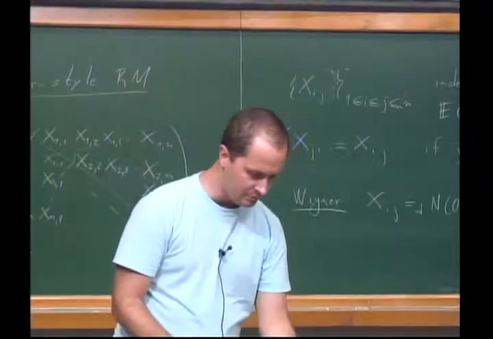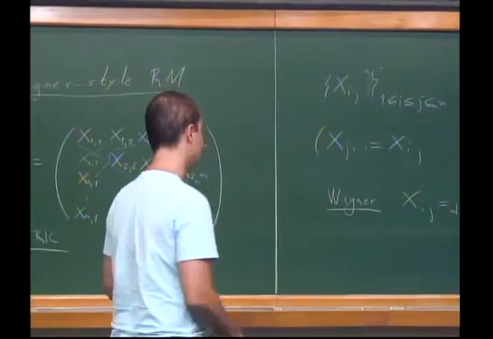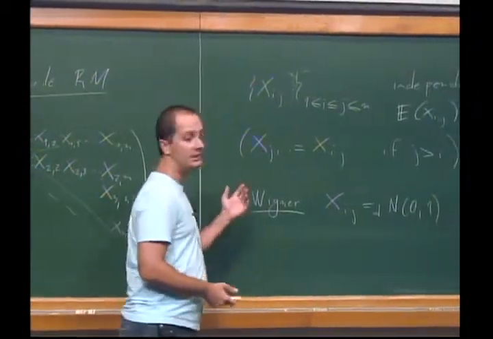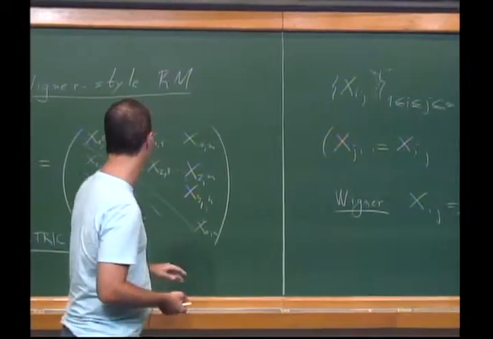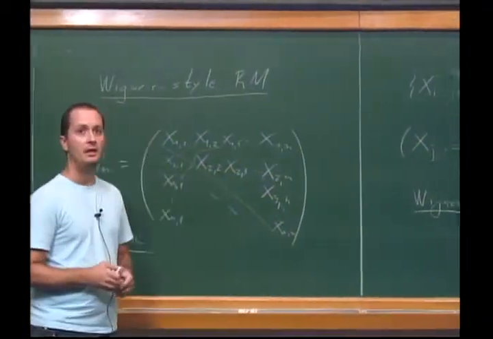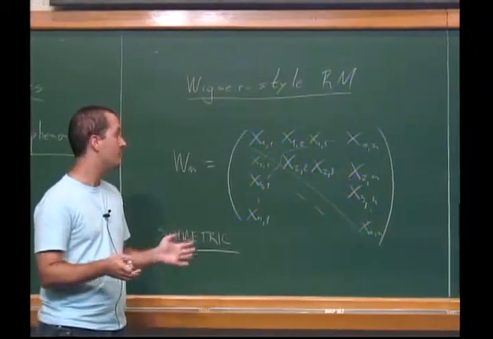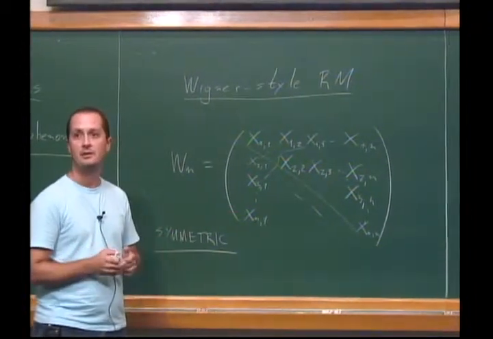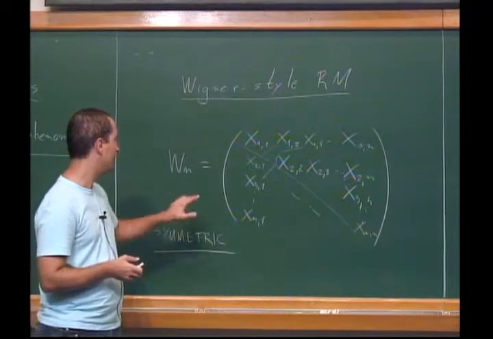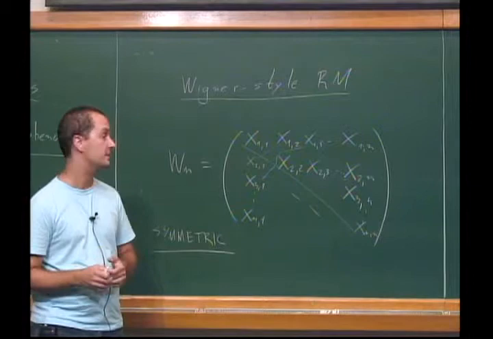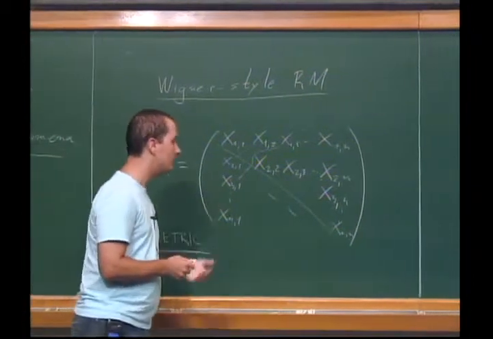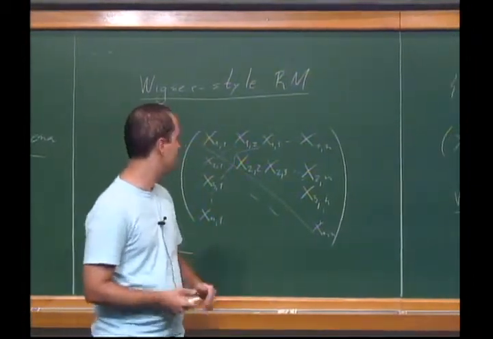He had a motivation in mind, which was to describe the spectrum of heavy atoms. If you look at nuclei of such atoms, somehow the spectrum of this matrix has to do with the spectrum of a very disordered atom, in some sense. And that's a more phenomenological observation than an actual mathematical theorem that you prove from first principles of quantum mechanics, say. But nevertheless, the model was important for him and became a very popular model.